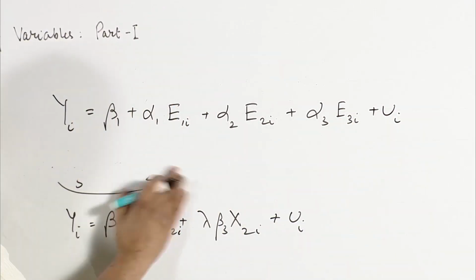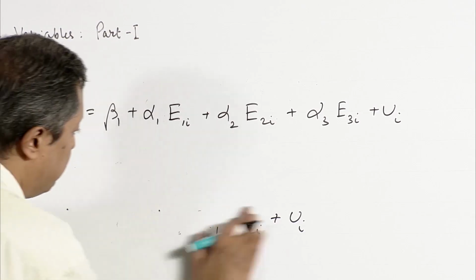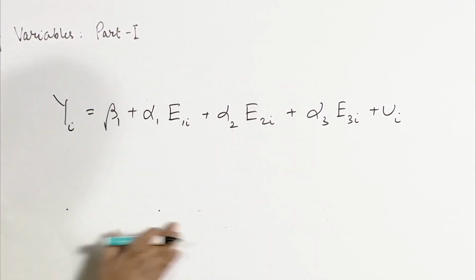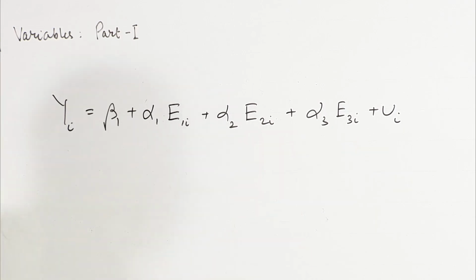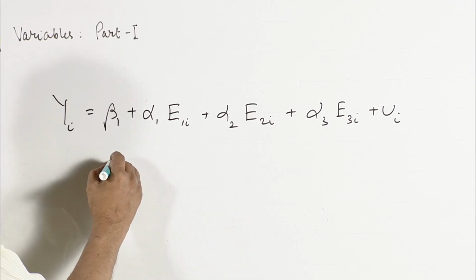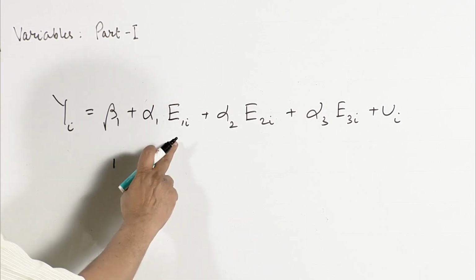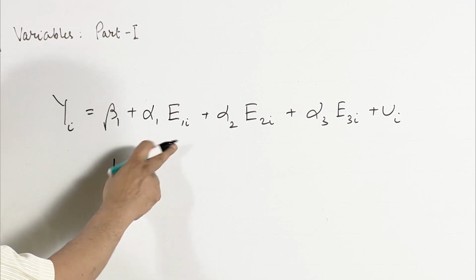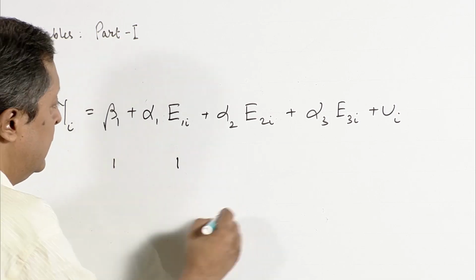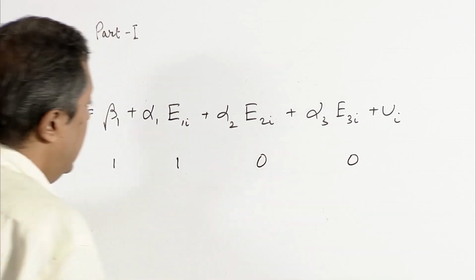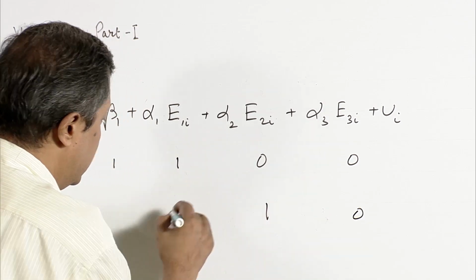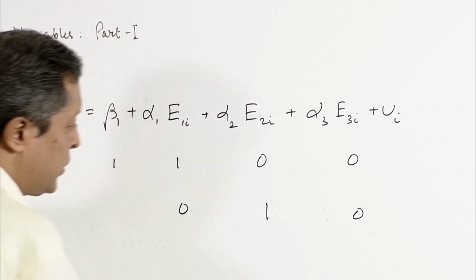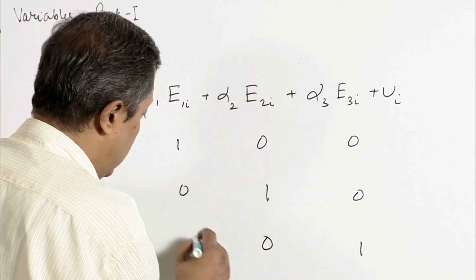So, if we had modeled the earlier example in this fashion, where we had brought in all the three education levels, then as you know, for the intercept the values of the x are always 1. For education level E1, that is undergraduate, we write 1 and 0 0. If the person is a graduate, we write 1 0 and 0, and if the person is a postgraduate, we write 1 0 and 0.